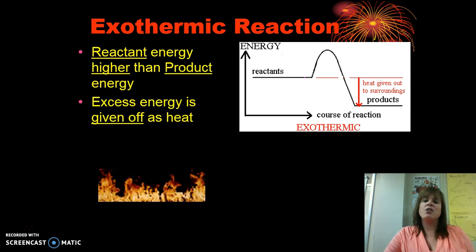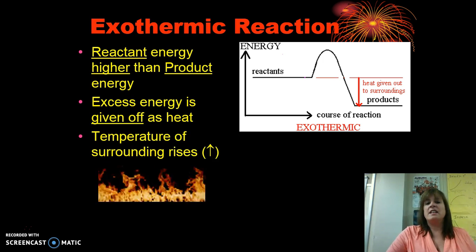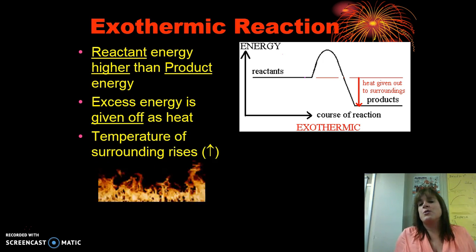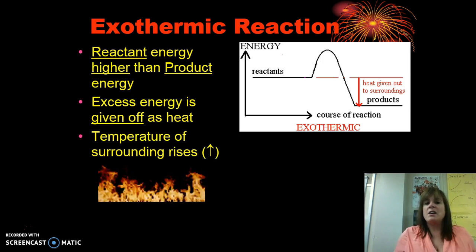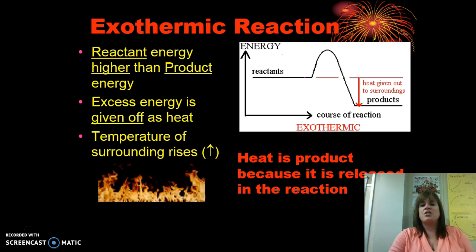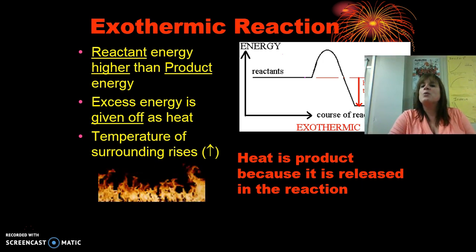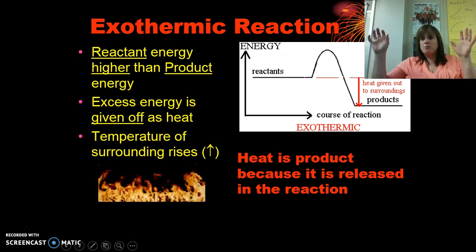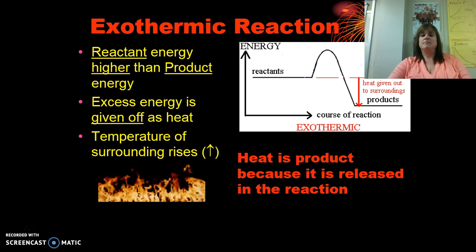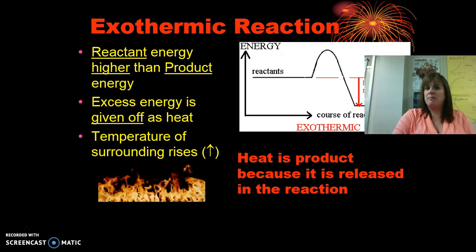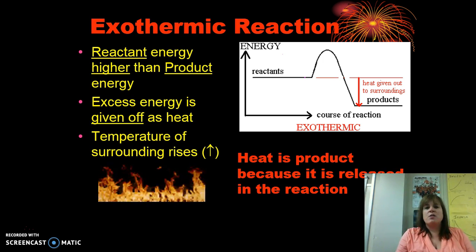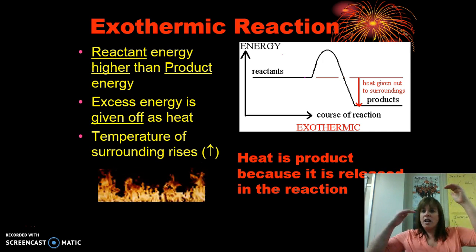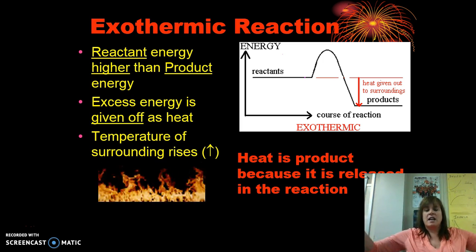So that excess energy is given off as heat, and then the temperature of the surroundings goes up. Now, sometimes we say in an exothermic reaction that heat is a product, because it's released in the reaction. So sometimes we can actually, in our chemical equation, just put it as a product. So in exothermic reactions, the products have less energy than the reactants, and they give off heat because that energy's got to go somewhere.